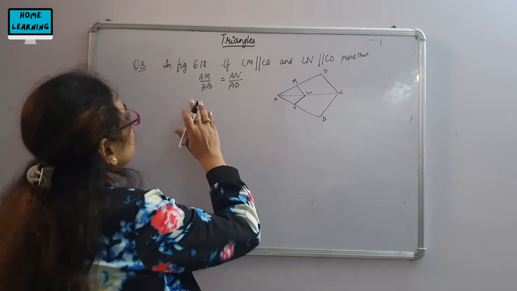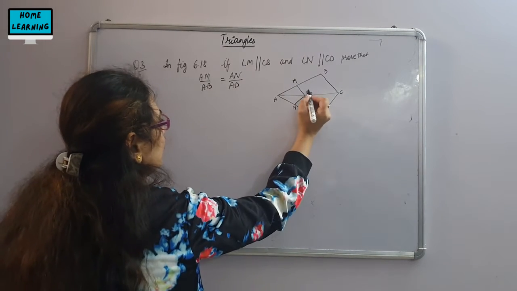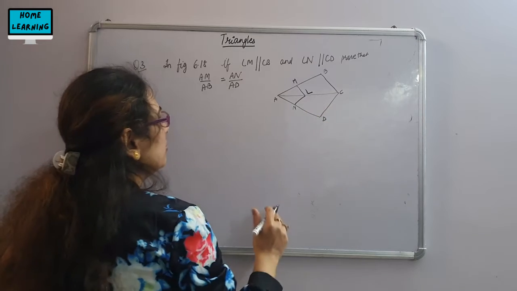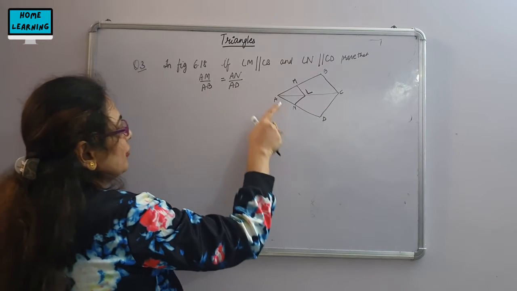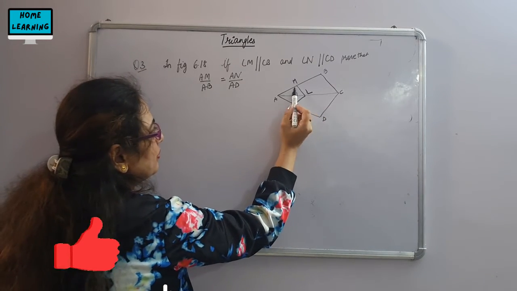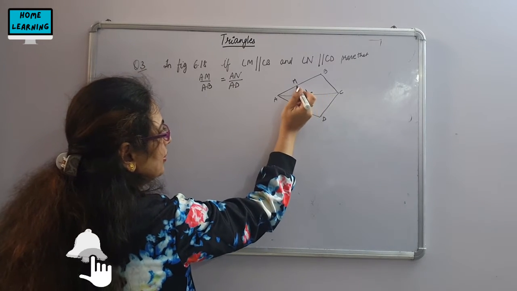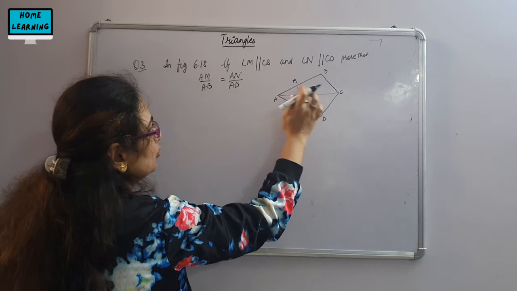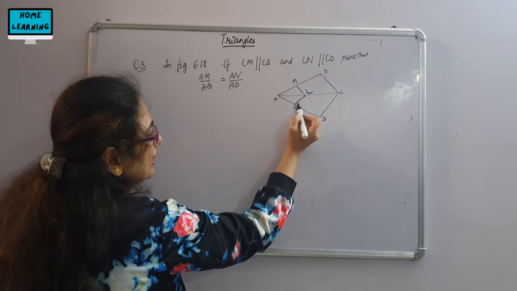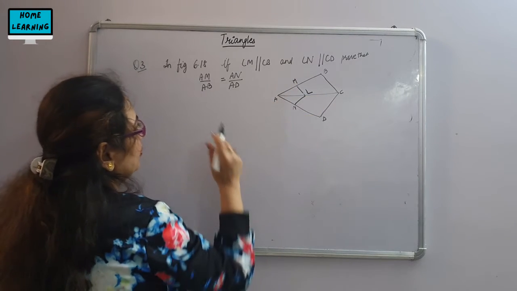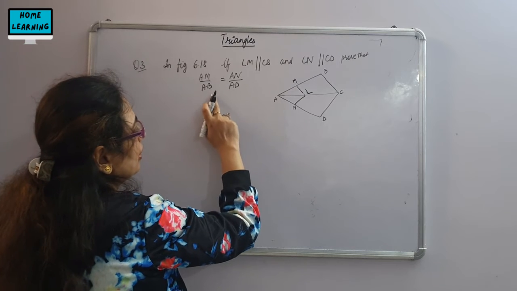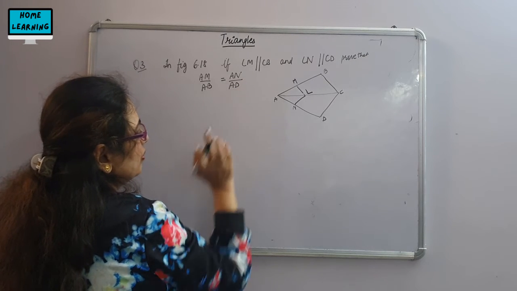Now let us do question third. Again it is on the basis of the BPT theorem that we did. In this figure, LM is given as parallel to BC and LN is given as parallel to CD. Prove that AM upon AB is equal to AN upon AD.